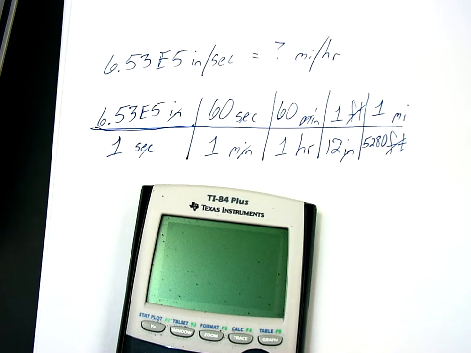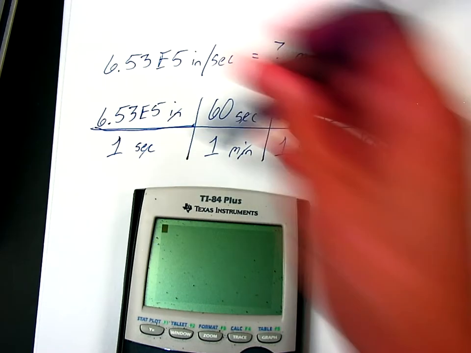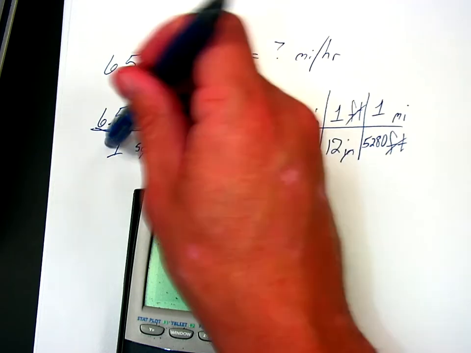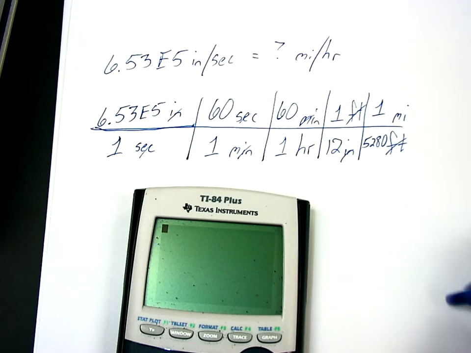If you remember how to do this, we want to multiply across the top, get a number, multiply across the bottom, get a number, and divide the top product by the bottom product. So I'm going to go 6.53 E5, which just means times 10 to the 5th power, times 60, times 60, and then times 1, but I'm not going to waste my time.